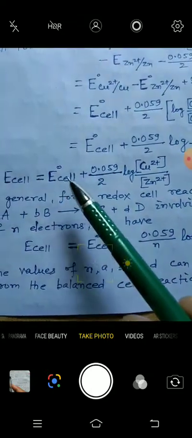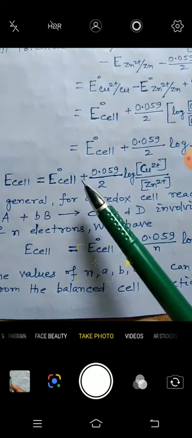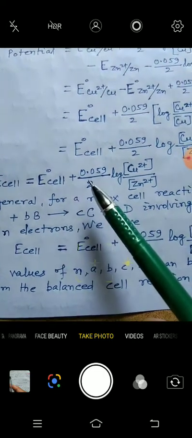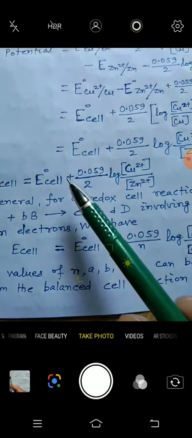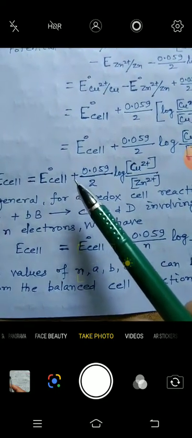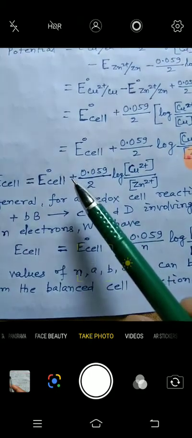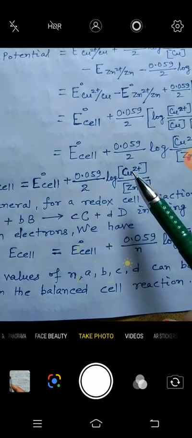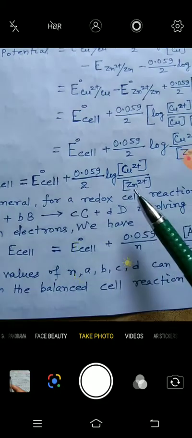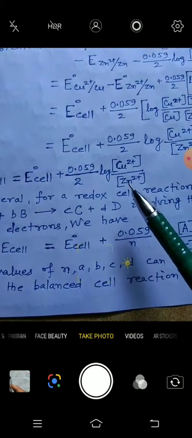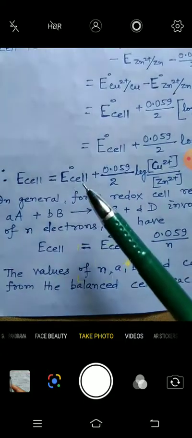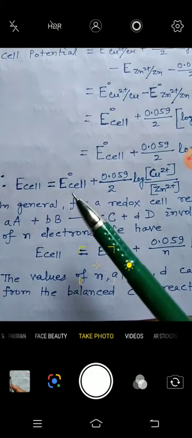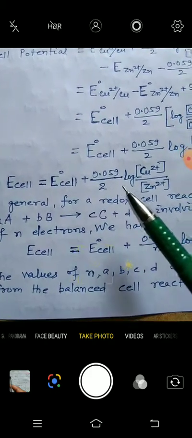In an electrochemical cell, for the anode we use the minus sign and for the cathode we use the plus sign.